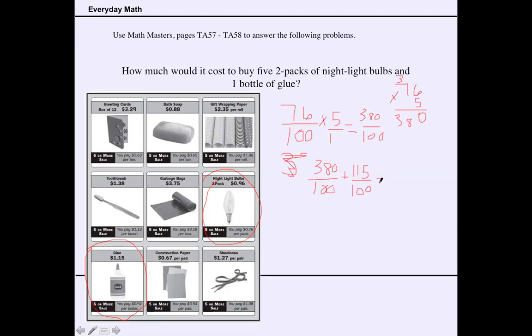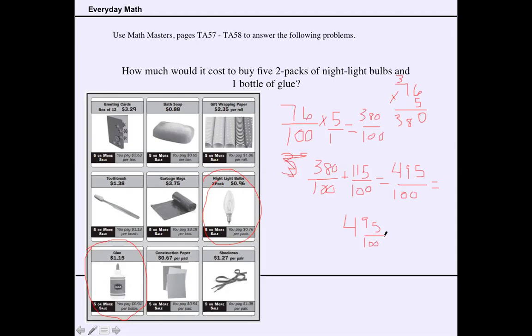So I'm going to add these two, 380 plus 115, 495 over 100. And that's going to equal, so how many times does 100 go into 495? 4 times, with 95 out of 100 left over.